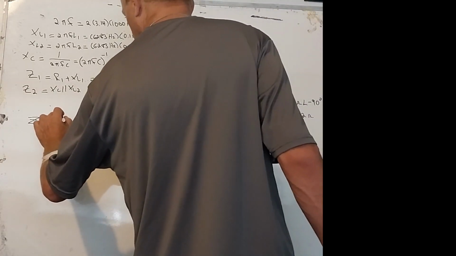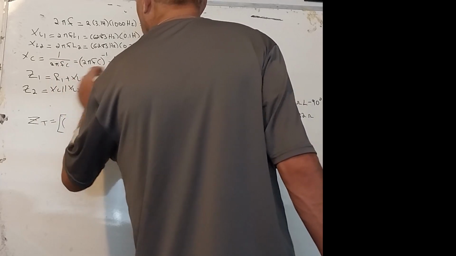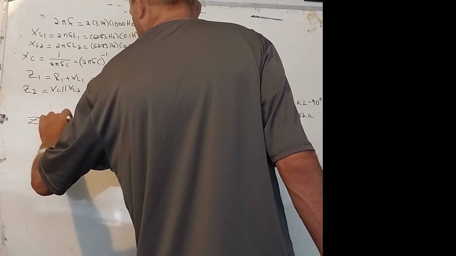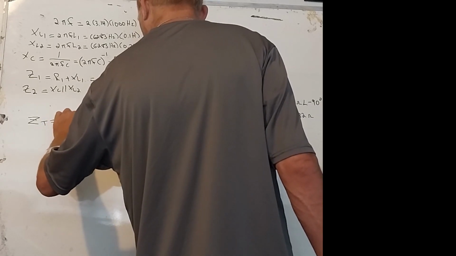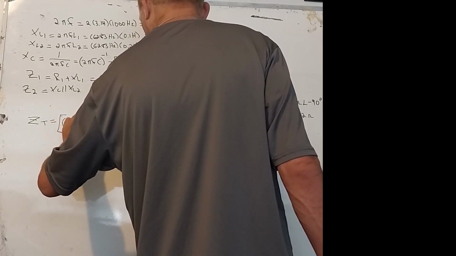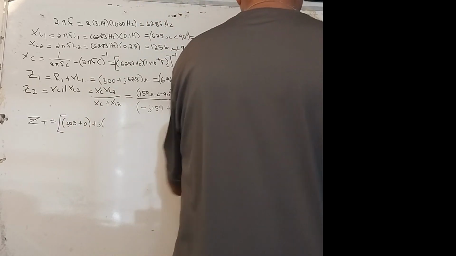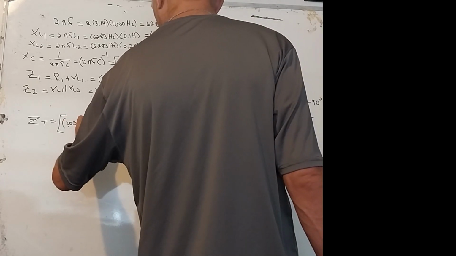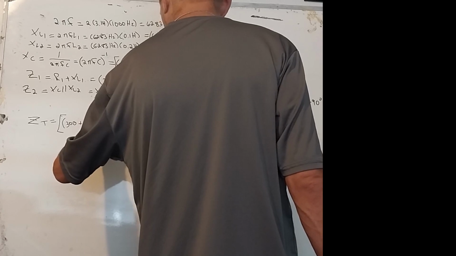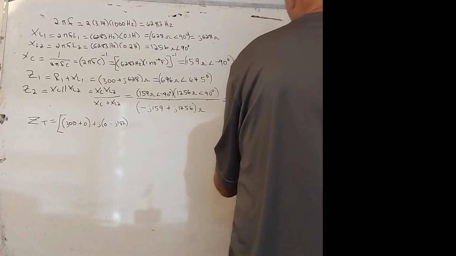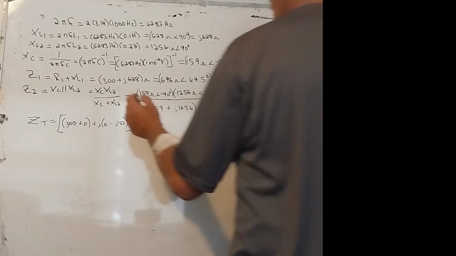So ZT, we got Z1, 300, and let's just say plus 0 for the reactance value. And here we have no reactance for the resistor, but we have this value for, oh, I'm sorry, we do have one for the resistor.